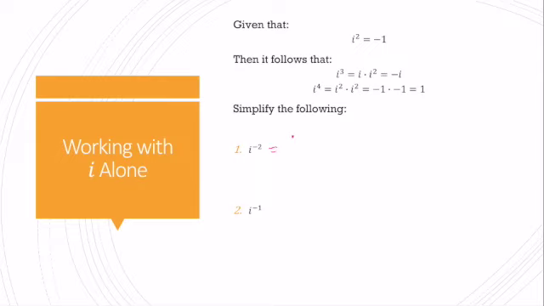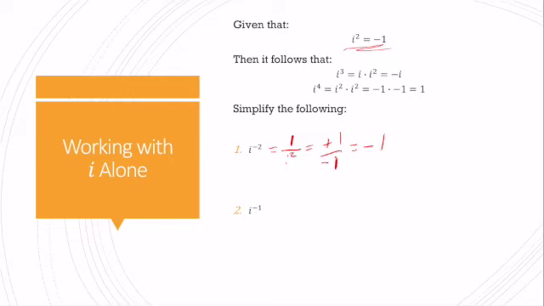So if we have a negative exponent, we want to make it positive by putting it in the denominator of a fraction. So now I have 1 over i squared. Let's keep in mind that i squared is negative 1. So that gives me a positive 1 over a negative 1, which is negative 1.